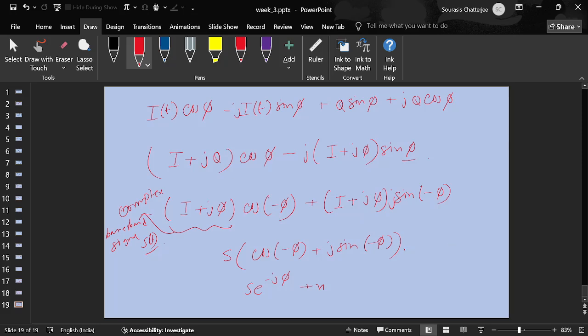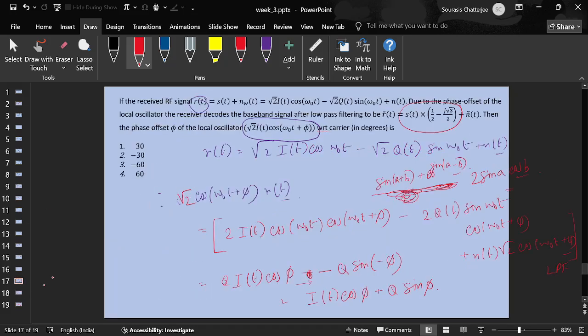So that minus phi is equal to minus 60, so yep, phi is 60 degree, correct. So the fourth one is the correct one, but sometimes they can change the phi here, so accordingly that sign will be changed. You need to be careful about that.